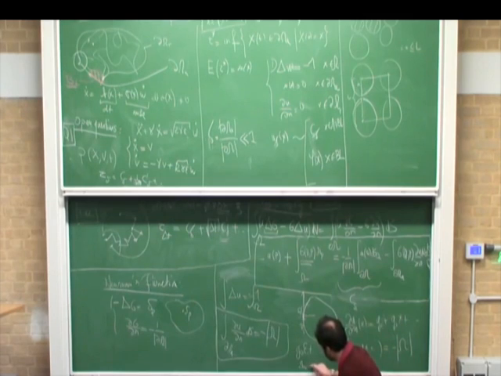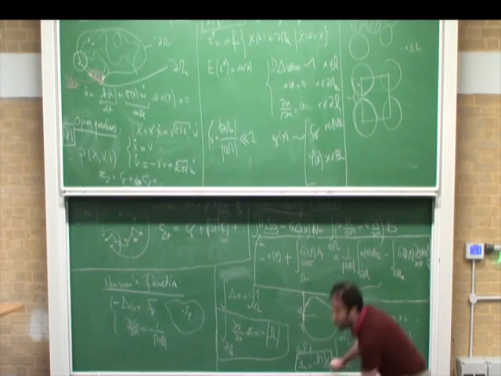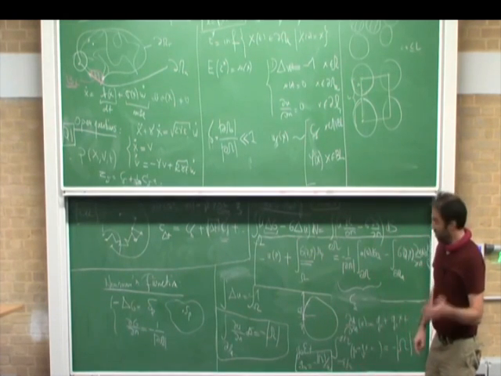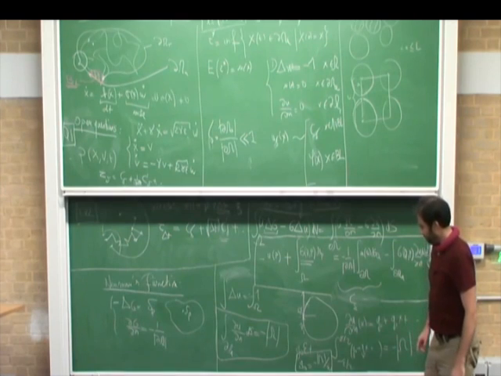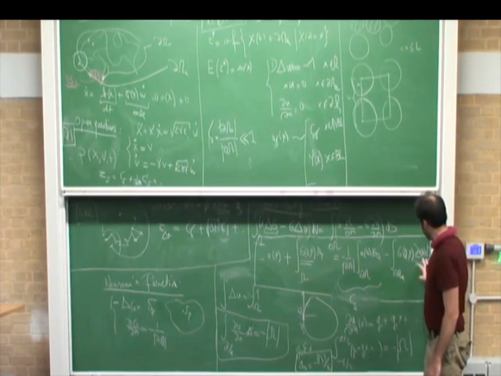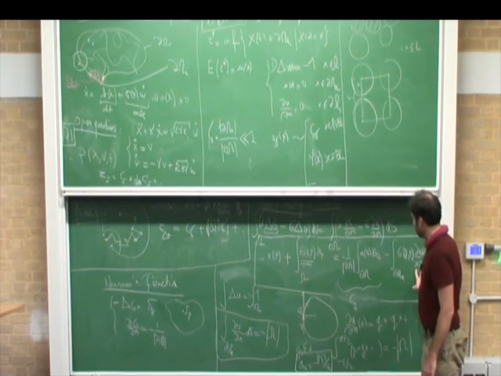So this is the first result that we get from here. The leading order term of the flux goes to infinity with 1 over epsilon. All right, so this will give us this term.